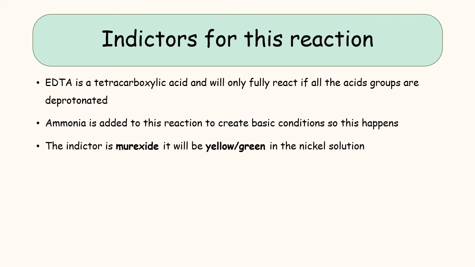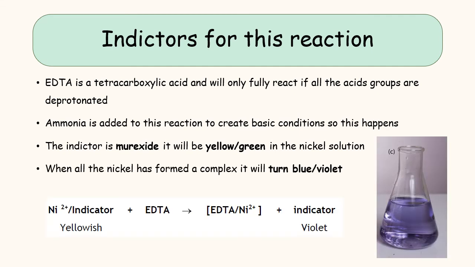Now, also we have an indicator called murexide. Murexide will bond to nickel, but EDTA will bond better. So during this titration, the EDTA bonds to the nickel, and the murexide is then left on its own. When the murexide is no longer bonded to any nickel, it will change colour.